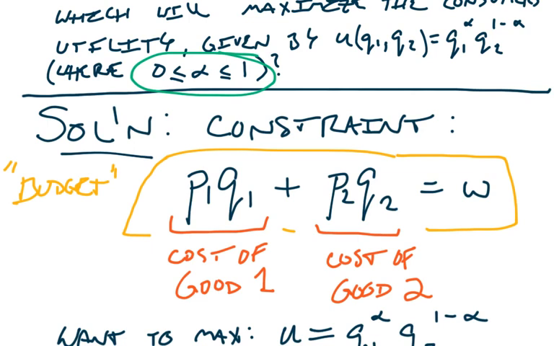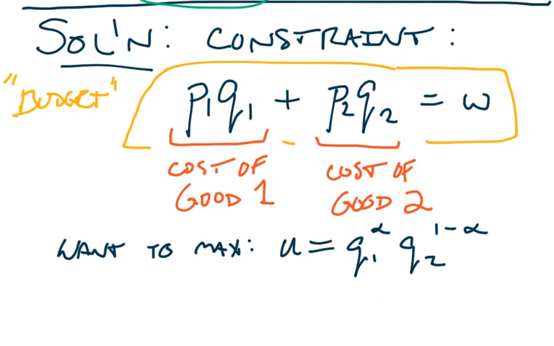If you absolutely love Snickers bars, and you maybe don't love Hershey's bars as much, then alpha might be pretty close to 1, which would make your enjoyment, or your utility, from quantity 1 higher than from quantity 2.